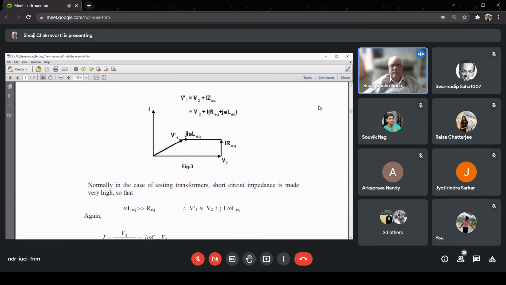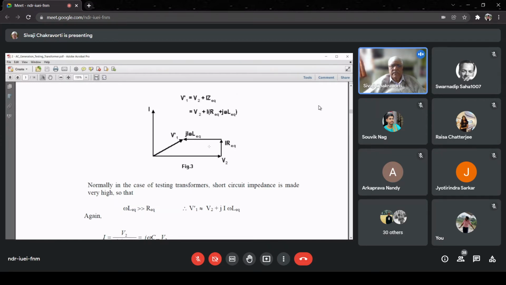You can see the equation. So I REQ will be in phase with I as shown. Then jI omega LEQ, which is the inductive voltage, is naturally it will be 90-degree leading with respect to current I. So this is the direction, and therefore this is V1 prime.